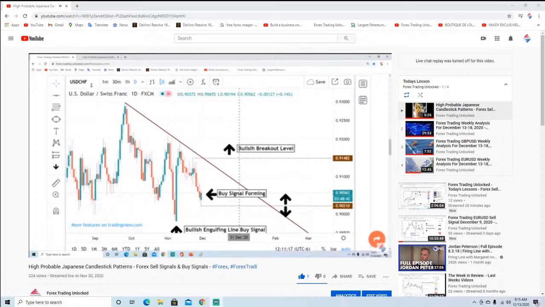But when these all line up, that gives you a good sentiment about where the dollar would be going, because the currencies are based off of the dollar. When you have a signal in the US dollar Swiss, the US dollar JPY, and also the Euro US dollar, and they all have buy or sell signals for or against the dollar and line up on the same date or around the same date, that's usually a good indication of where dollar strength or weakness is, and you can use that for the outright Forex markets itself.